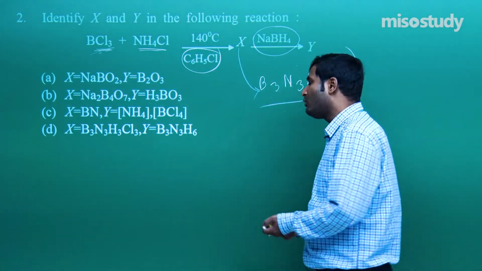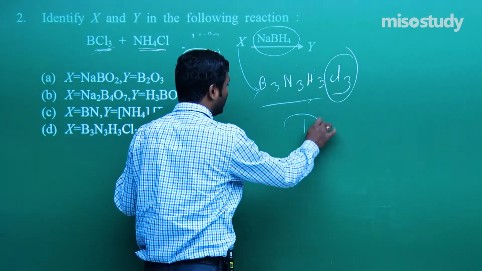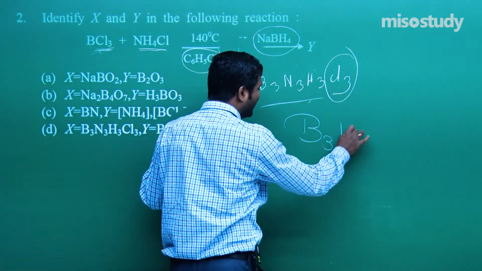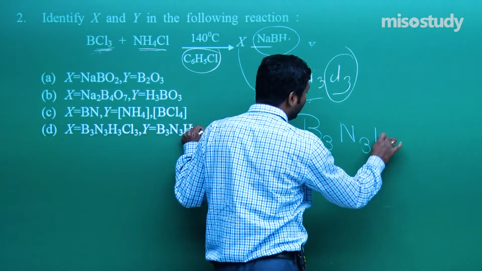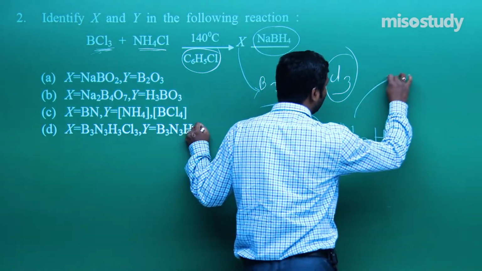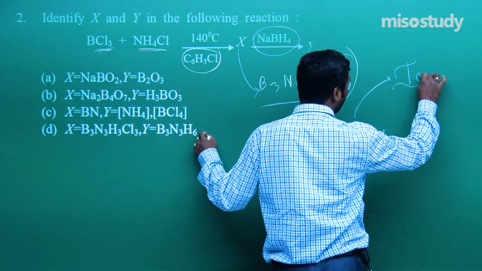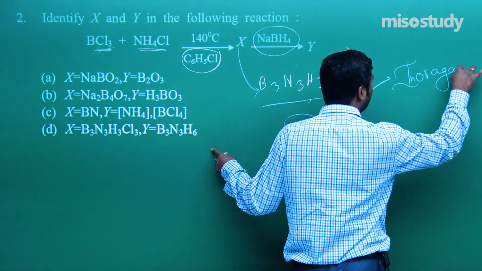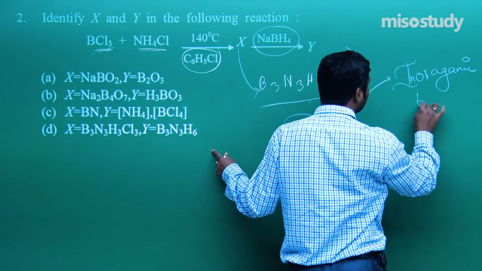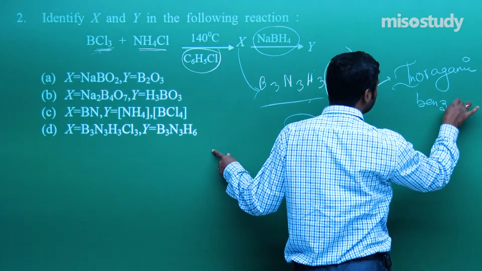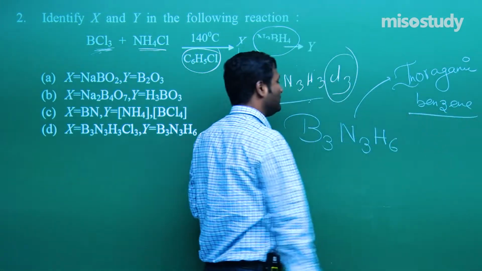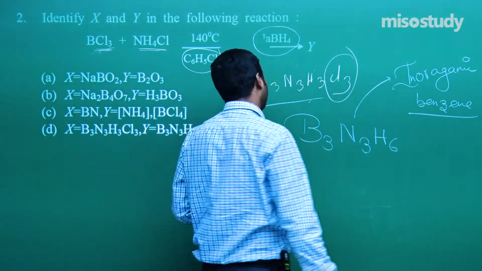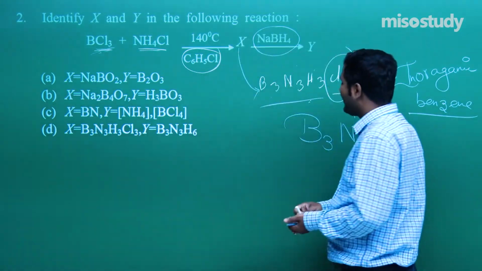And one more thing I have to mention here, B3N3H6 is an important compound which is known as inorganic benzene, because it has a similar structure to benzene.